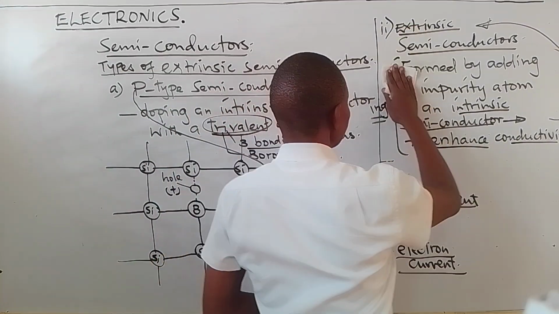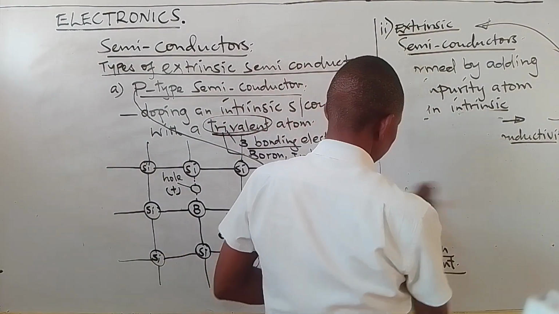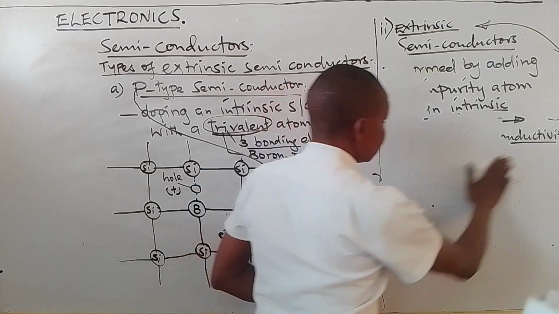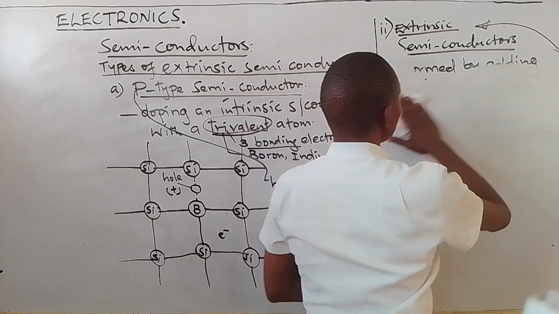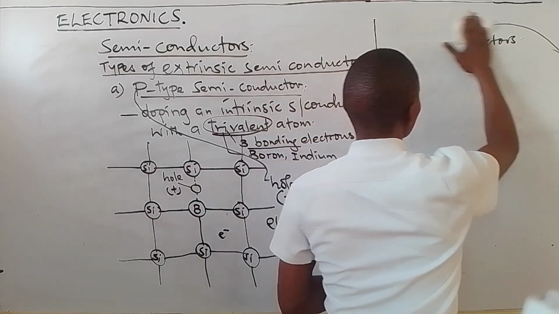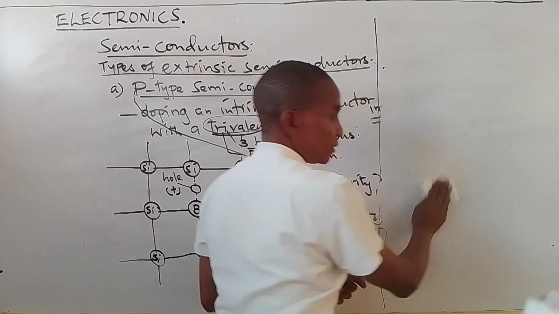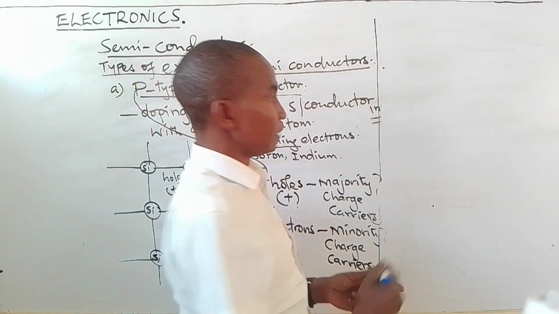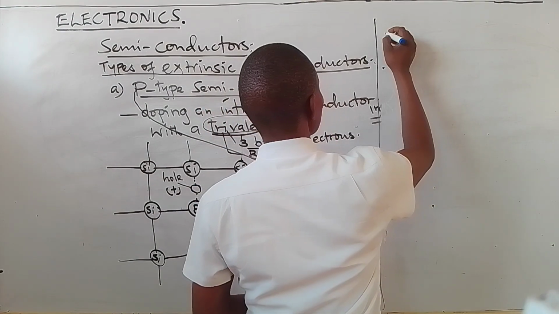Let's move to the second type. The second type is the n-type semiconductor.